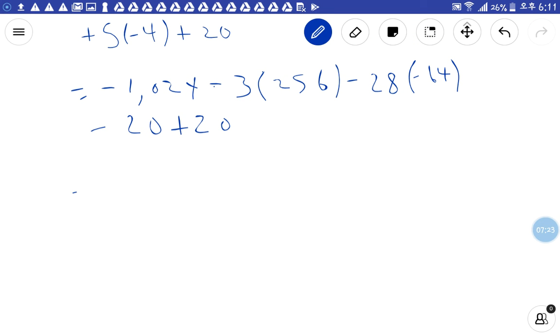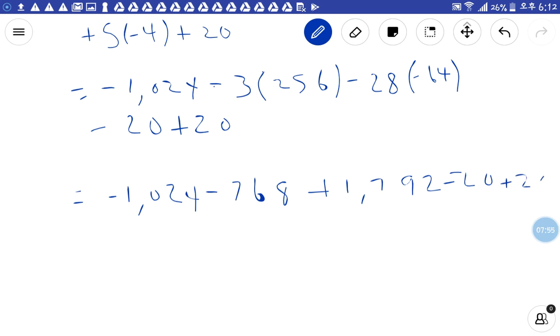All right, so negative 1024 minus 256 times 3, which is 768. And then 28 times 64, that should be 1792, minus 20 plus 20.